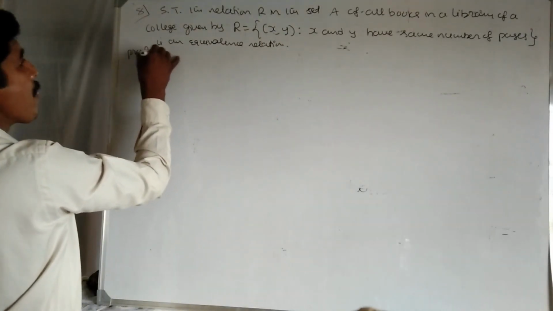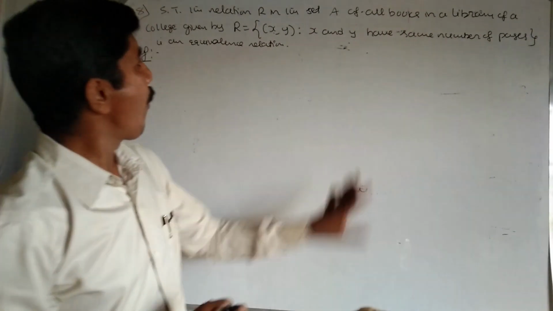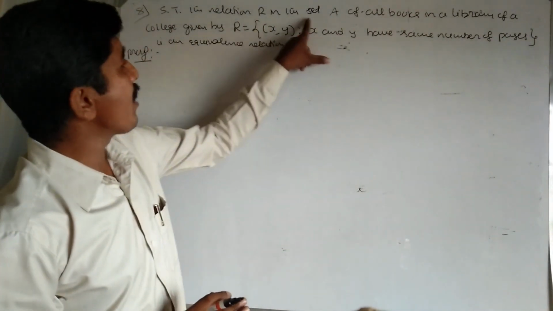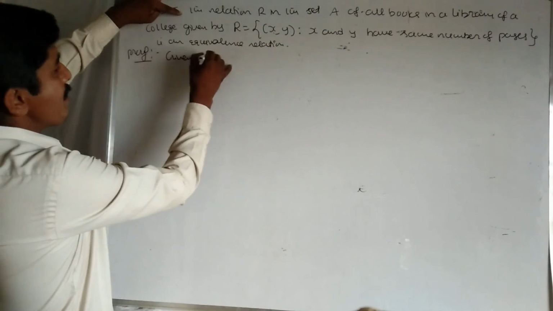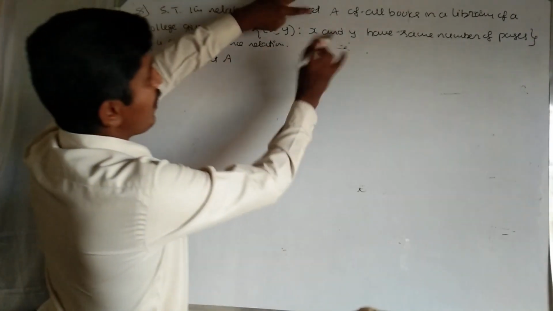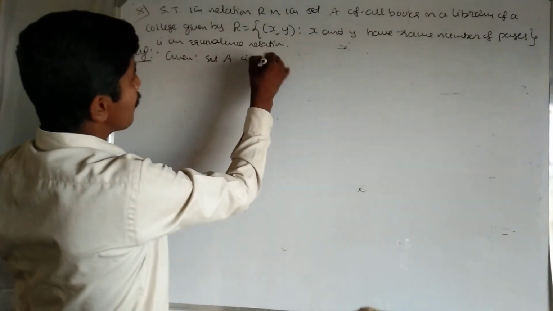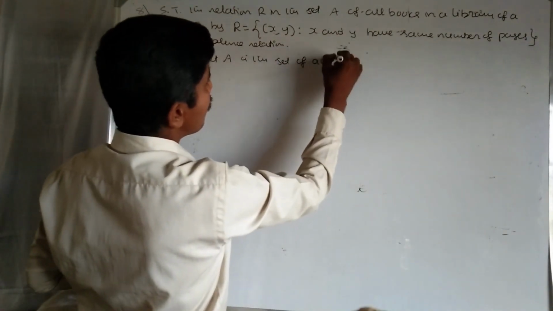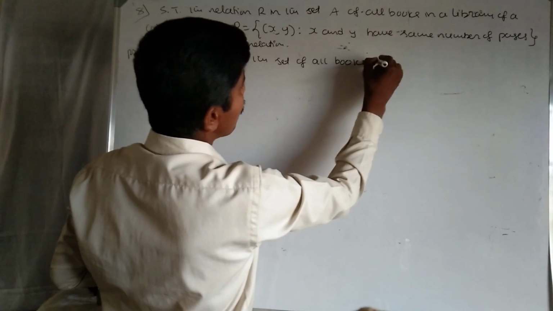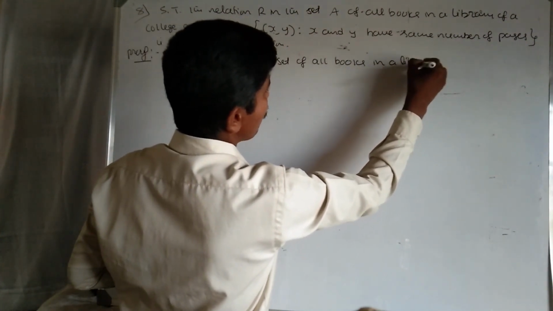Easy problem, I just give the idea. Show that relation R in the set A. Here what is the set A? Set A is the set of all books in a library of a college.